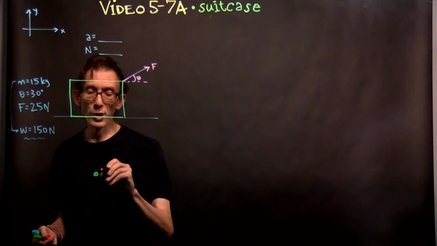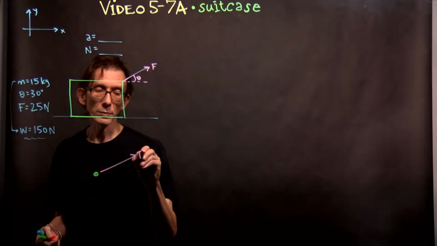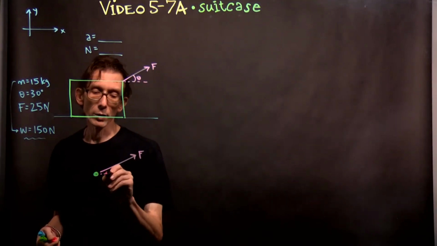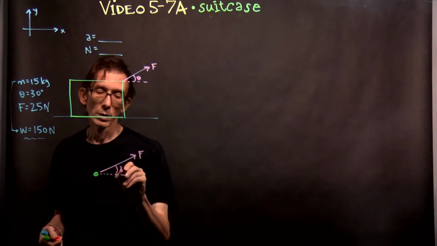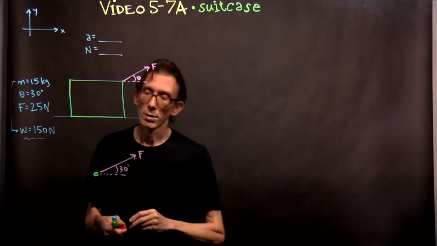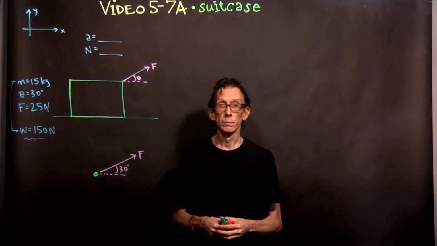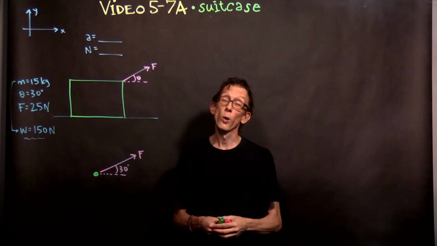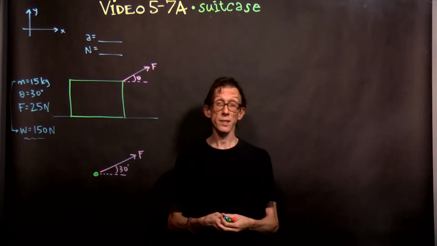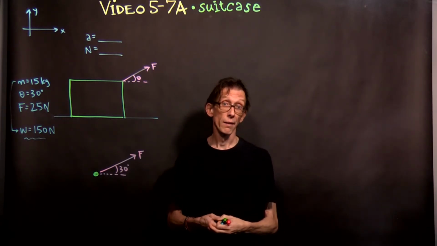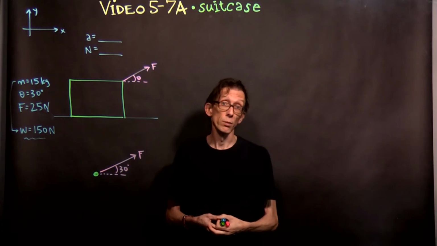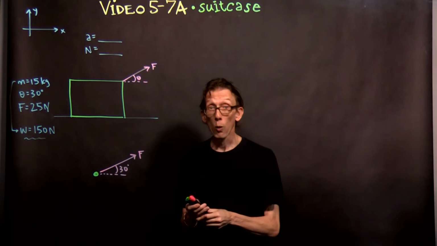So we know there's a force up and to the right. We know this angle here, 30 degrees. What other forces act on this suitcase? What's one force that always acts on all suitcases unless they're orbiting Saturn? Actually, in that case, this force is still acting on it. Gravity, right? Weight.